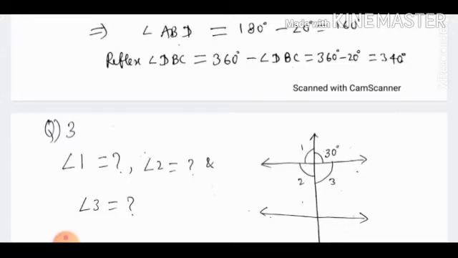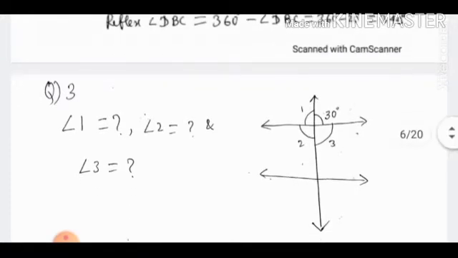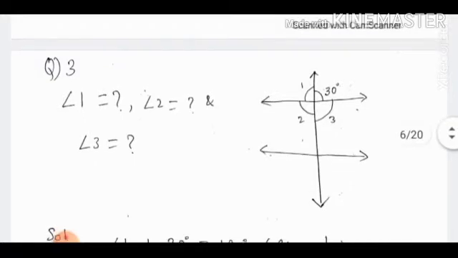Here there is a picture where you have to tell angle 1, angle 2 and angle 3. You can tell angle 2. You can see angle 2 is equal to 30 degrees because vertically opposite angles are equal, and angle 1 is equal to angle 3.